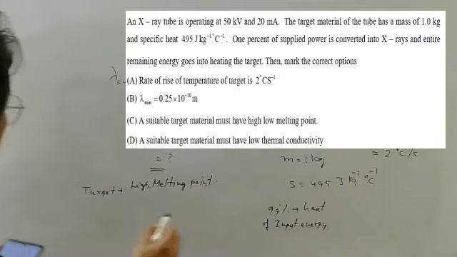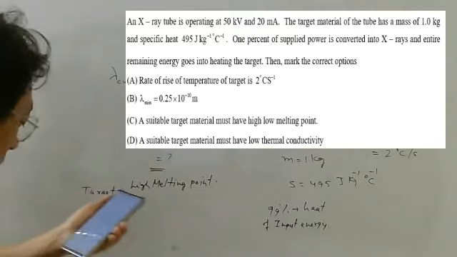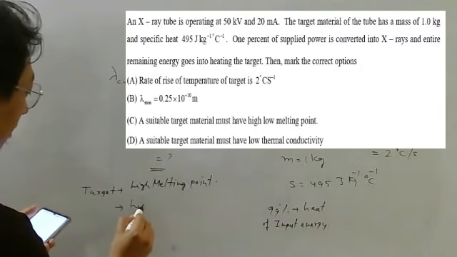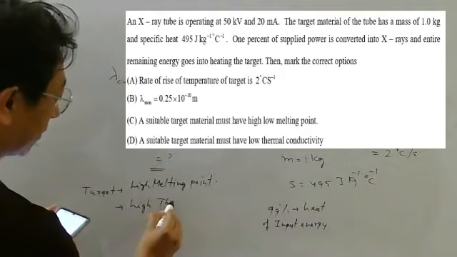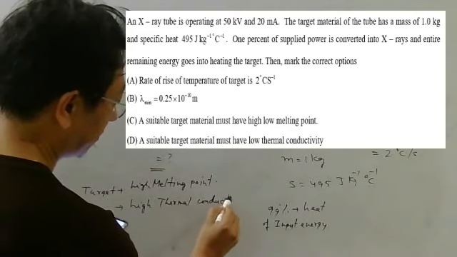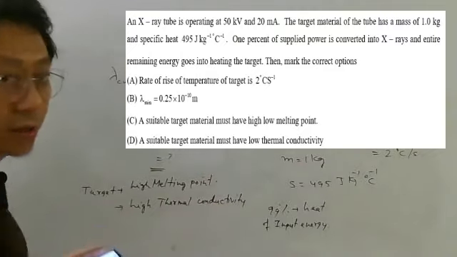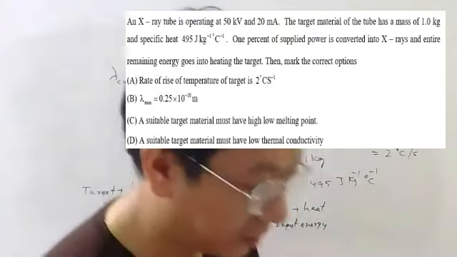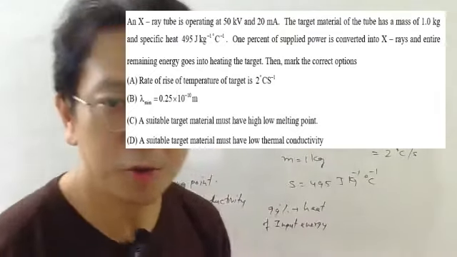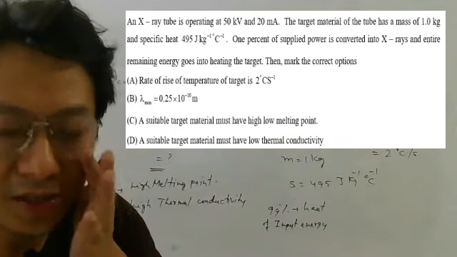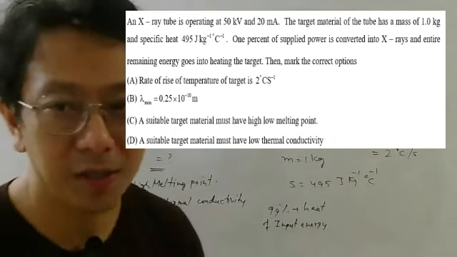So answer is high melting point. Also they told it should have low thermal conductivity. No, it should have high thermal conductivity. Thermal conductivity we will do during revision, but I hope you know that if conductivity is more, heat will be dissipated faster. That is what you want. You don't want it to get too hot. So you want the material to lose heat easily, so you want it to have good conductivity.